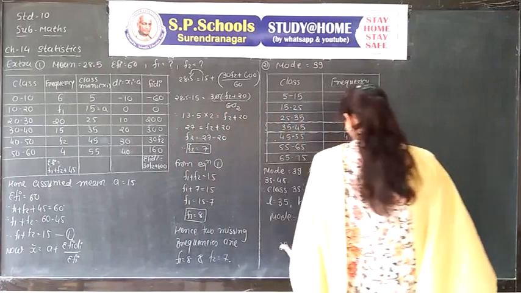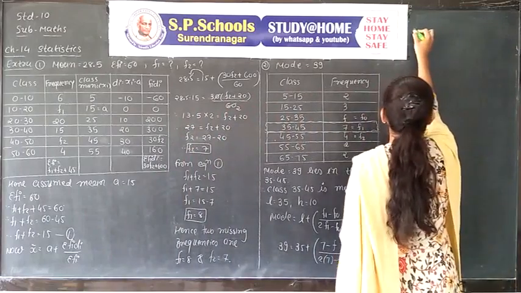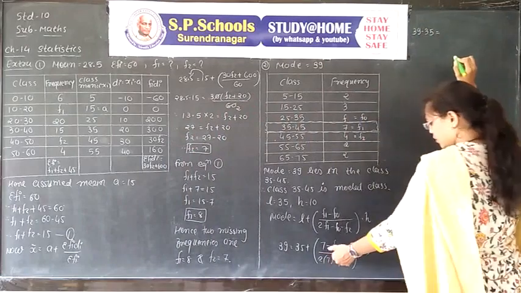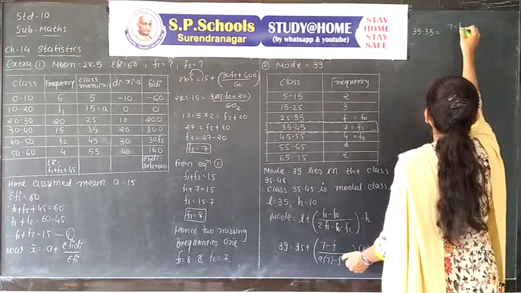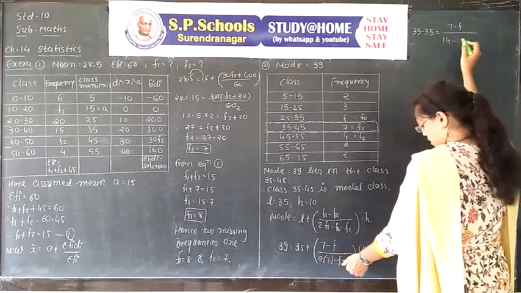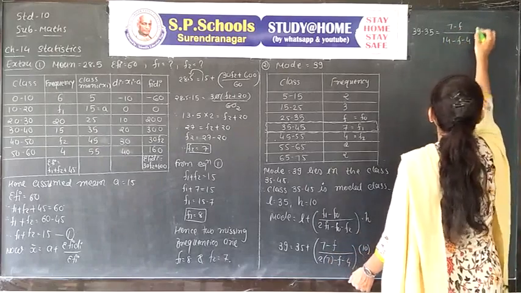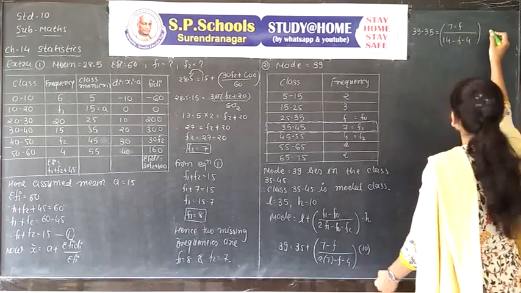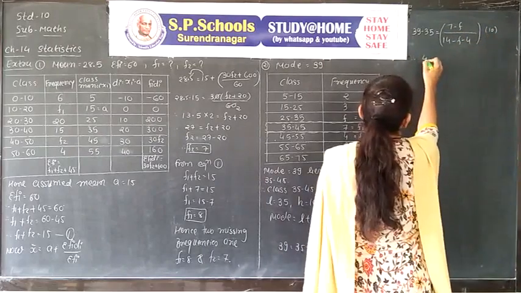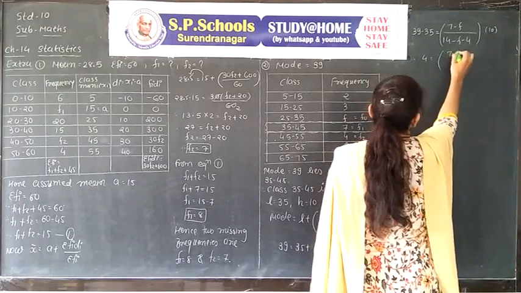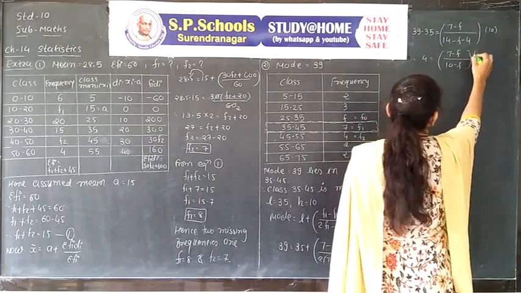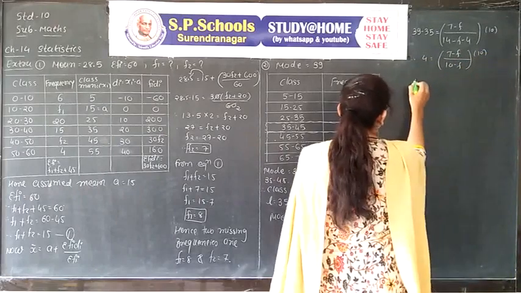We shift 35 from right to left. We get 39 minus 35 is equal to 7 minus F as it is, upon 7 twos are 14 minus F minus 4. The bracket is over and multiply by 10 as it is.